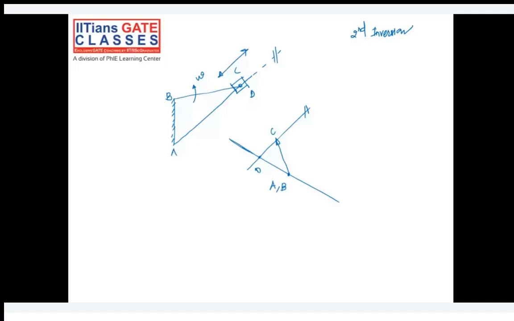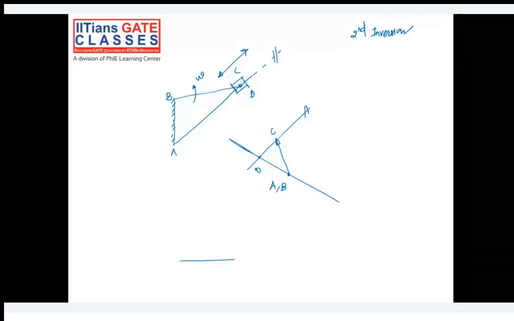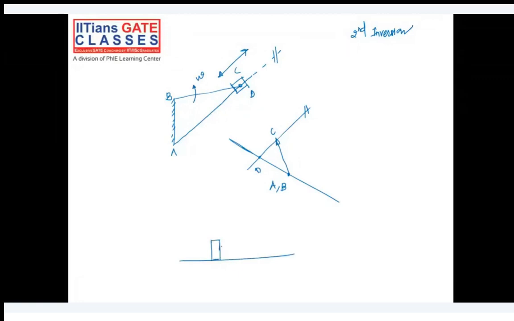For example, if you have a box and you make it slide on a frictionless surface in this direction, the velocity direction will be that only. Same thing here: we are making sure the slider moves on the same line, so the direction of the slider velocity will be in that direction only.